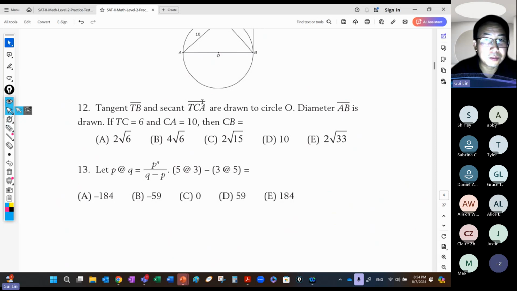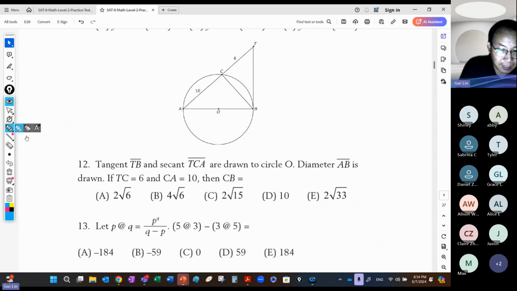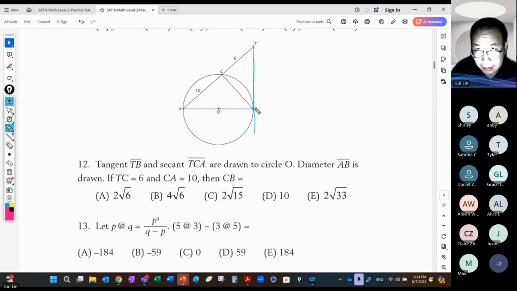They should use the geometry in this chart. The tangent TB. What does tangent mean? It means that if they extend it, the line touches the circle at only one point, right? If the line touches at one point and you connect that point to the center, they will be perpendicular to each other.